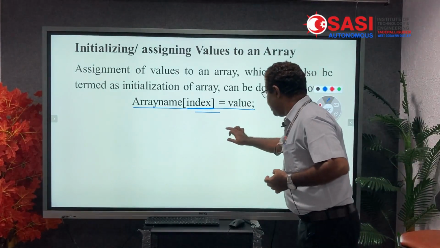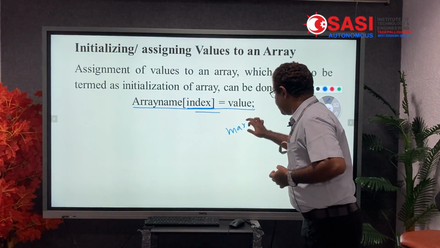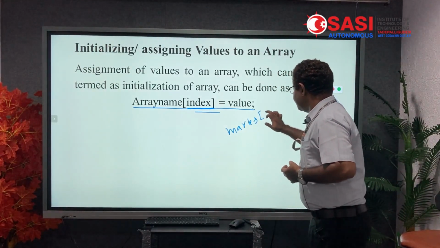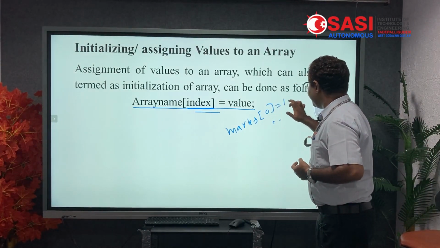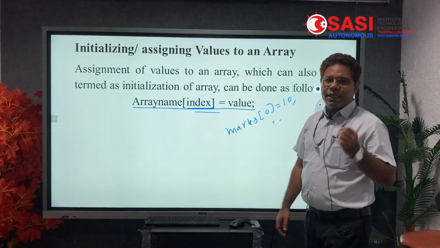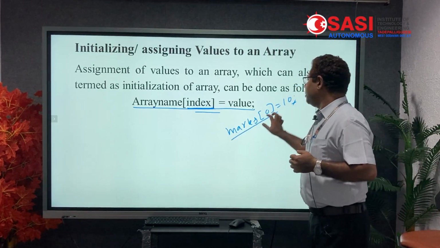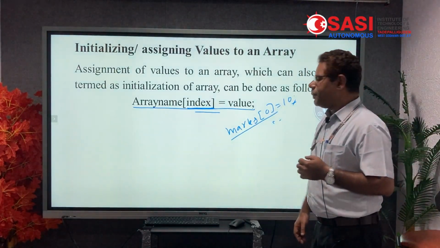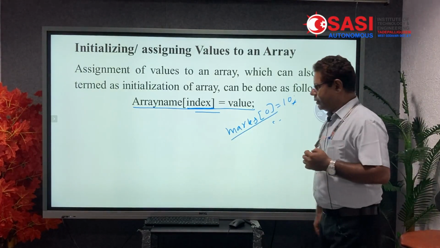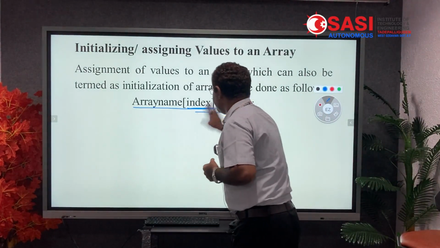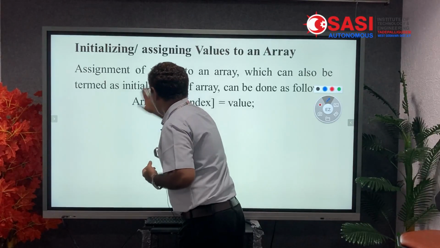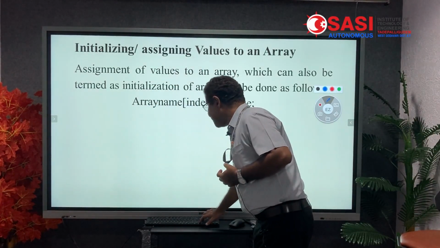For example, marks of 0 equal to 10. That means the value 10 is assigned to marks of 0, that means the 0th place. Now we will see one example of how we can assign values to an array.